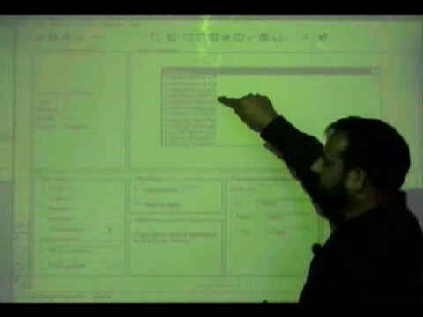Okay. So these are the coefficients of the numerator. Okay, this is B0, B1, B2, B3, B4.